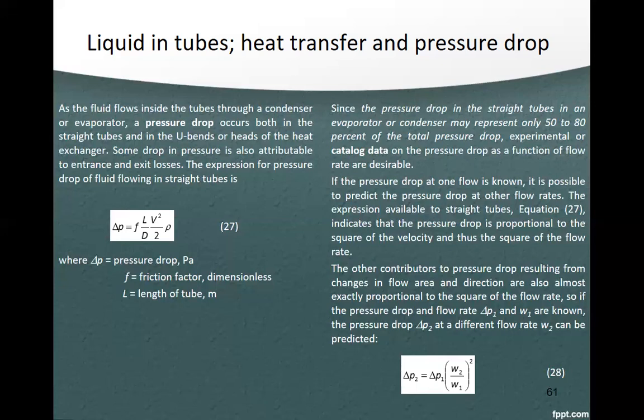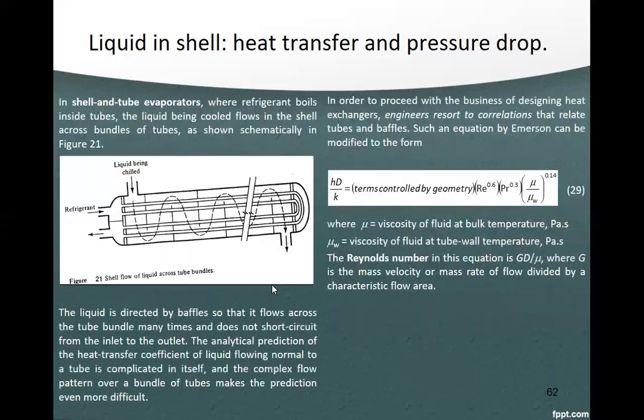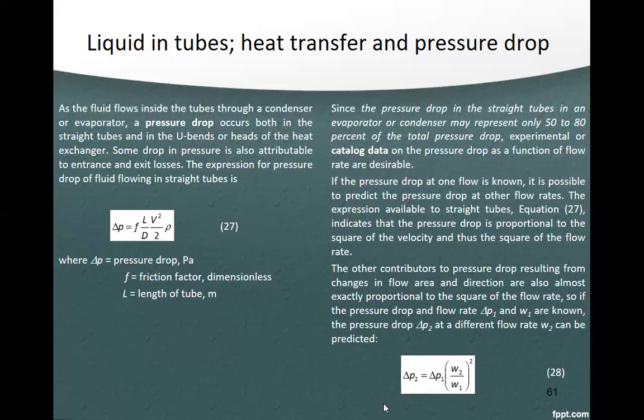So if the pressure drop and flow rate delta P1 and W1 are known, the pressure drop delta P2 at a different flow rate W2 can be predicted like this. Delta P2 is equal to delta P1 times W2 over W1 squared. Okay? This is equation 28. So yun, pressure drop.